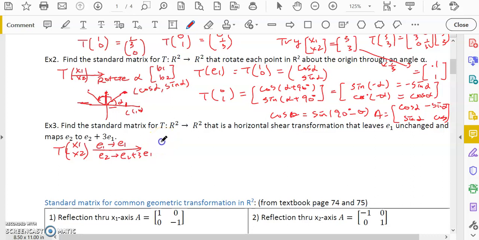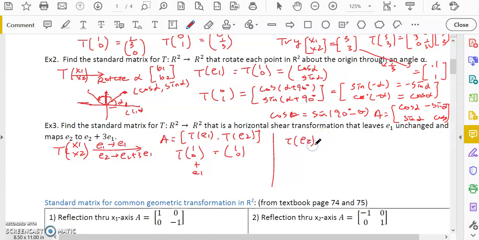So I'm just going to do the matrix. The matrix would be A equal to T of e1 and then T of e2. So what is T of e1? T of e1 is unchanged, so T of (1, 0) is (1, 0), because that's e1. Then we're going to do T of e2, which is T of (0, 1). They say that is equal to what?